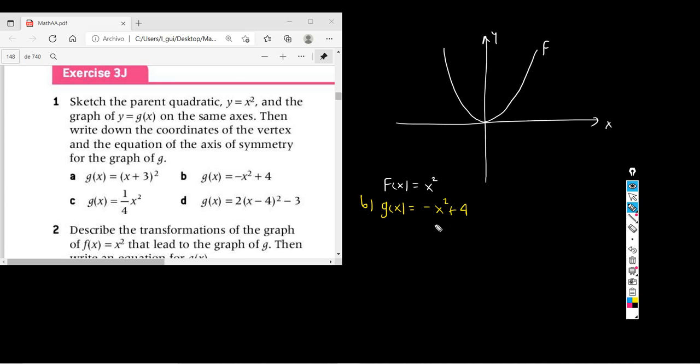Okay, let's analyze this. We have a multiplication by minus 1 over here, and we have an addition of 4, right? The multiplication by minus 1 is involved in reflections around the x-axis.